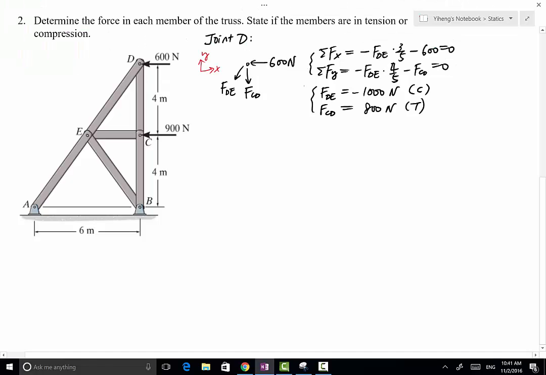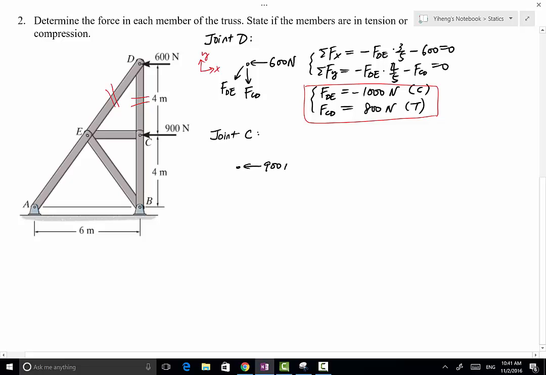So we have solved for FDE and FCD. I like to mark them on the structure so that we know that these 2 have already been solved. Moving on, the easiest one next is probably joint C, because now joint C has only 2 unknowns, CE and CB. Therefore, we're going to, again, draw a free body diagram of joint C.